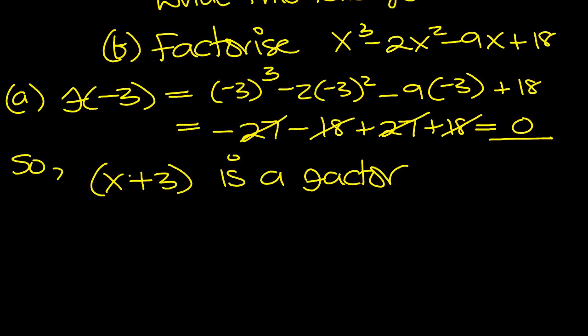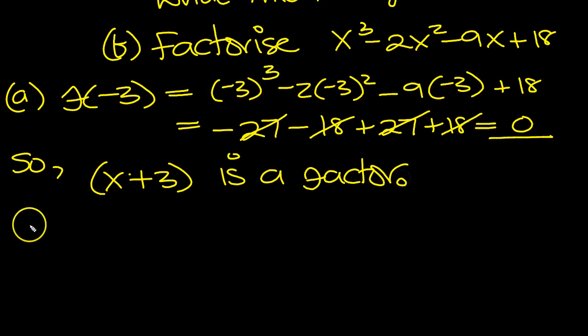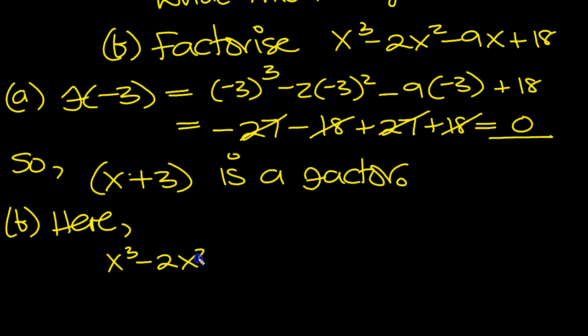Okay, so part B then. Now we can factorize it. We've got this cubic, x cubed minus 2x squared minus 9x plus 18, which has a factor of x plus 3.